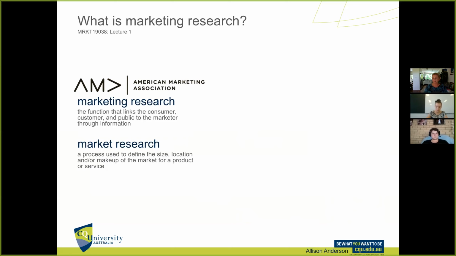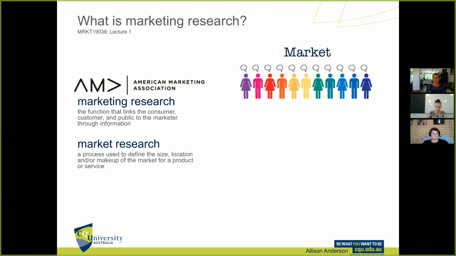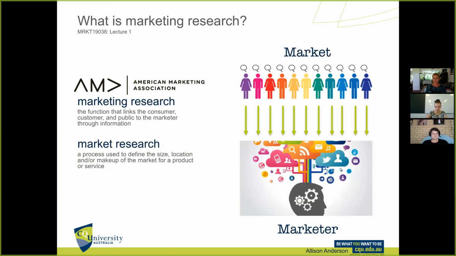So that is just understanding the market versus understanding the whole concept of the marketing process. Okay, so here's your market, and that's your process, and this is all those little green arrows in that big cloud. That's the information that comes to the marketer or the marketing decision maker or the management decision maker.